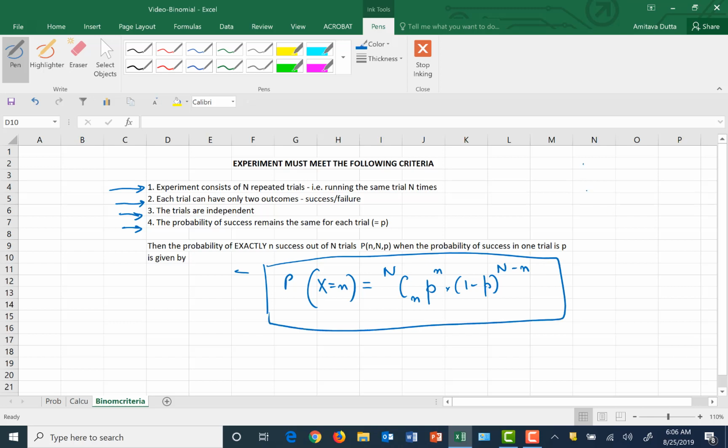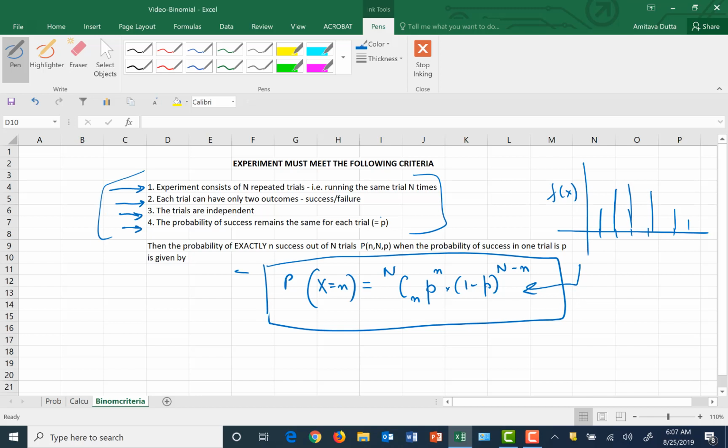So if you think of the graph that we had, x equal to 0, x equal to 1, 2, 3, 4, you can use this formula to calculate the heights of each of these spikes. You tell me the outcome, and I can plug it into this formula and compute the height of each of these spikes, the probability. But this formula can only be used if these four conditions hold.